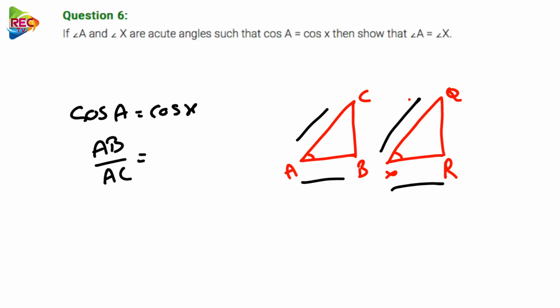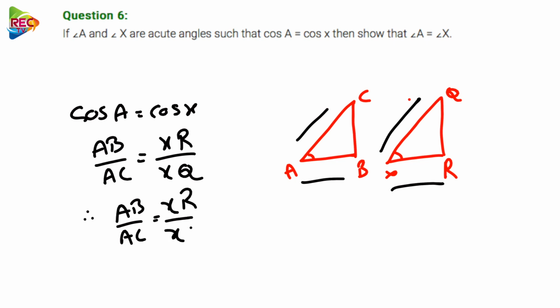Therefore, AB by AC equals XR by XQ, that equals K. K is a positive number.